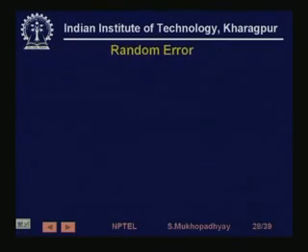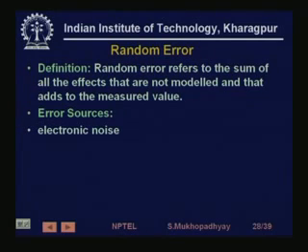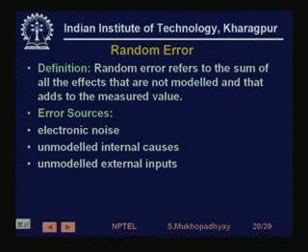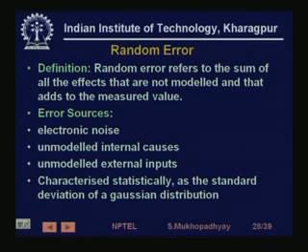Random errors are typically specified by specifiers. So error sources can be electronic, or as I said, unmodeled internal causes, unmodeled external inputs like temperature if you don't model it, and they are generally characterized statistically.